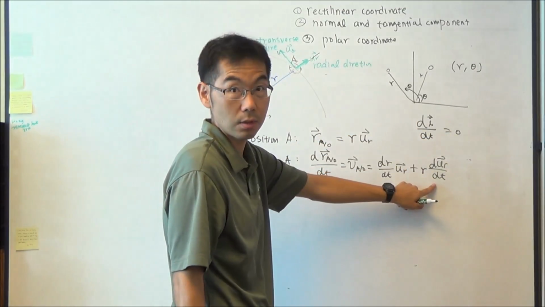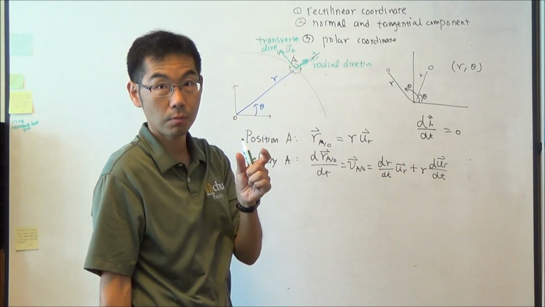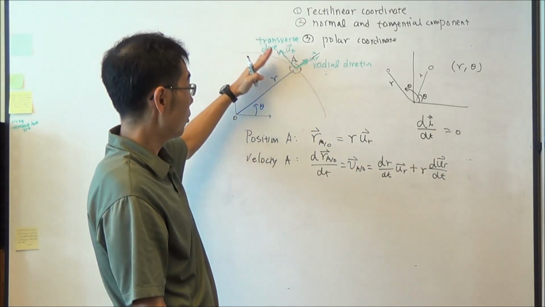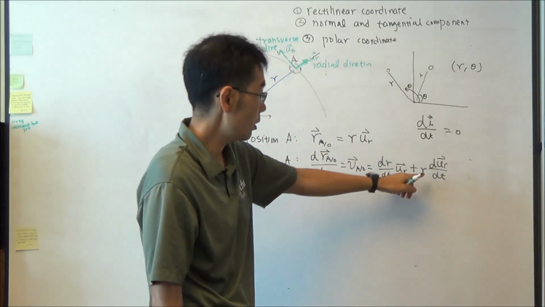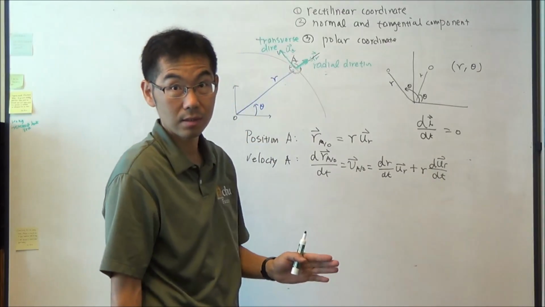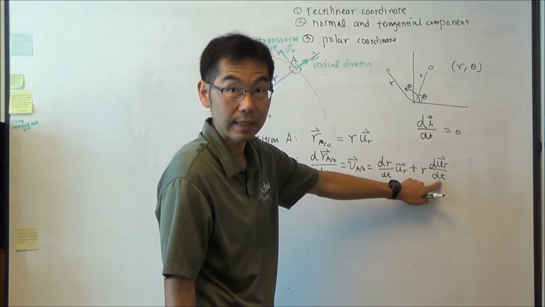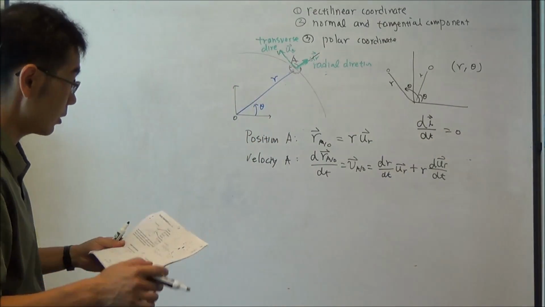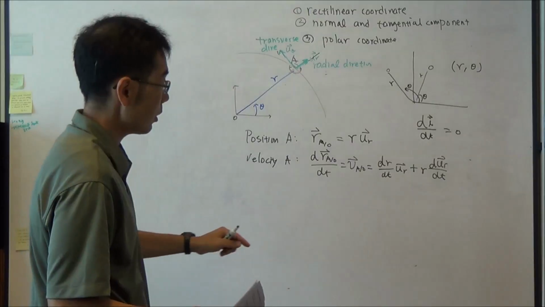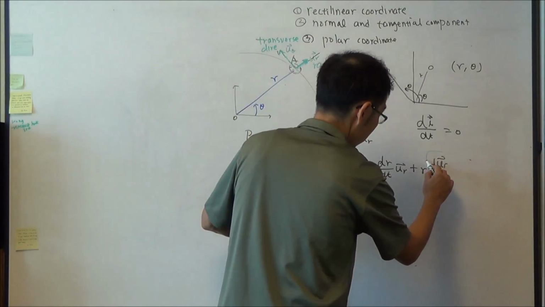But this one is not 0 for u_r. The u_r unit vector has magnitude 1, but as the object moves, the direction of u_r is always changing. So actually du_r/dt is not 0. So we need to figure out what du_r/dt is. That's a little bit tricky. So let's try to find du_r/dt.